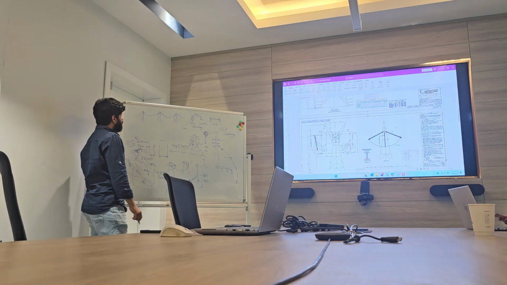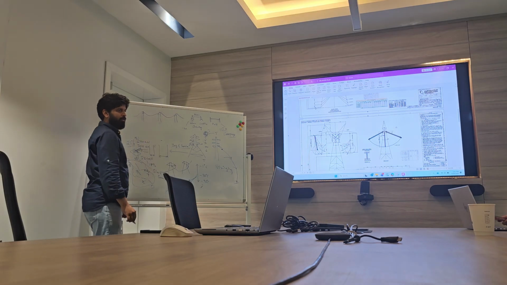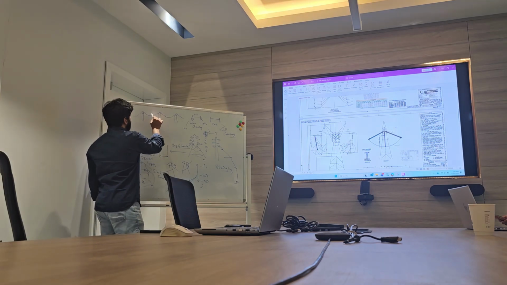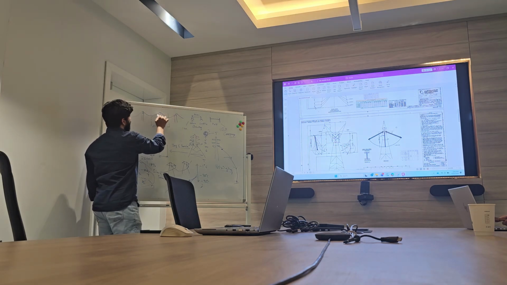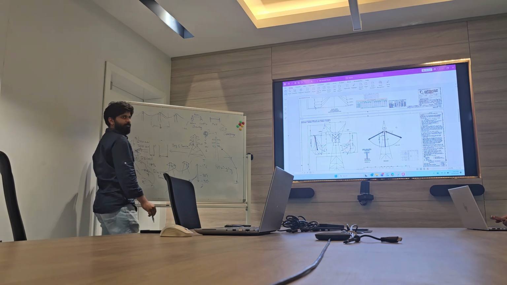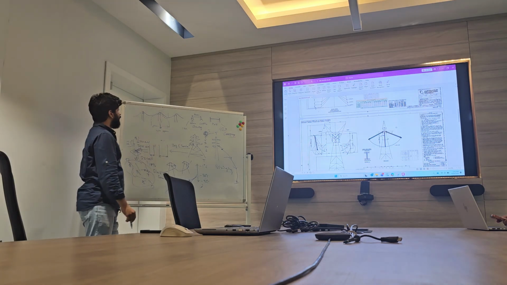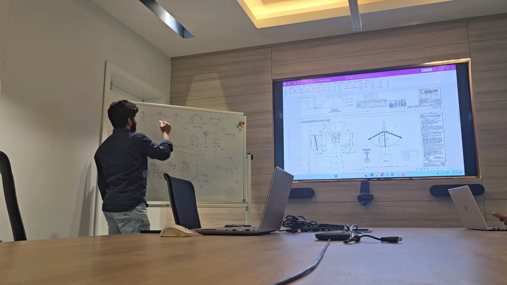This tower has a particular span where the weight of this conductor is coming on this one. It's called a weight span. And also this is wind, so it's called a wind span.